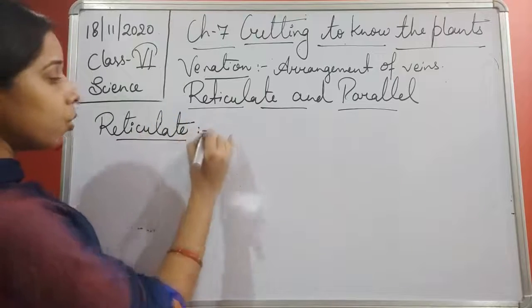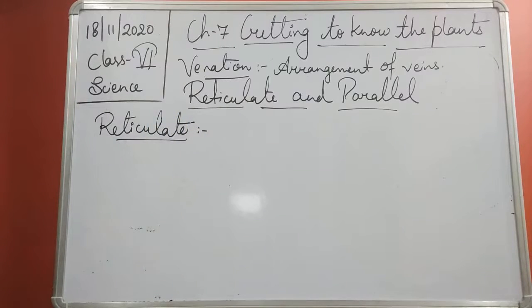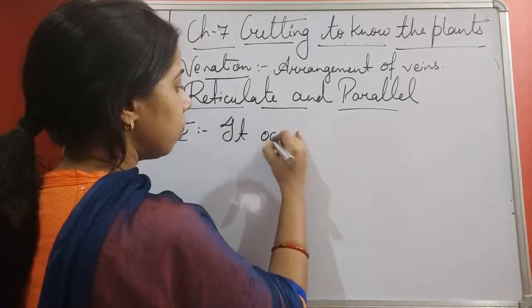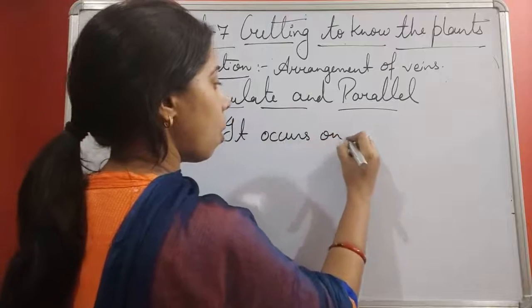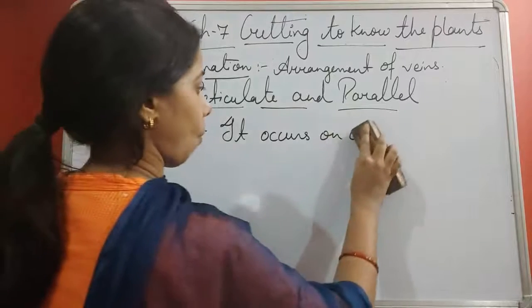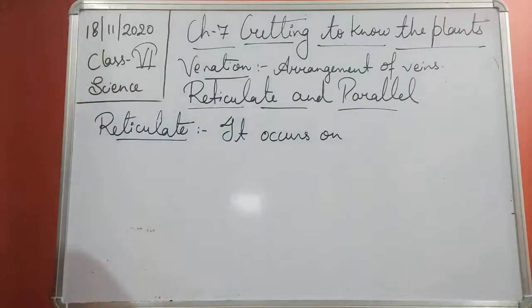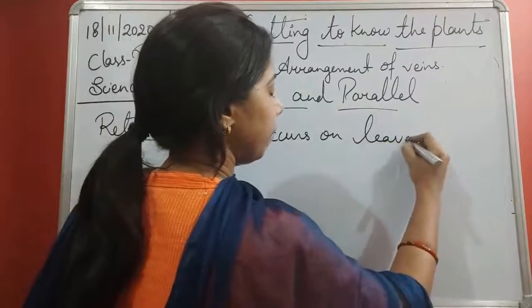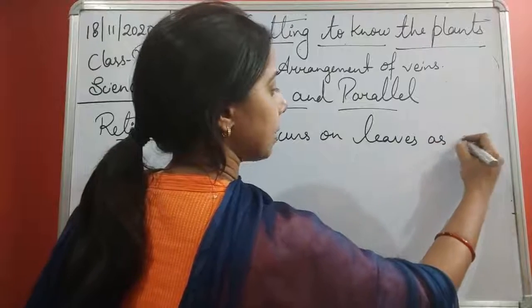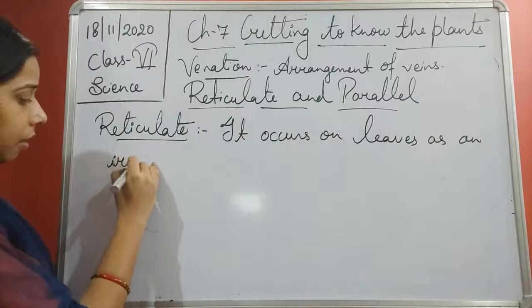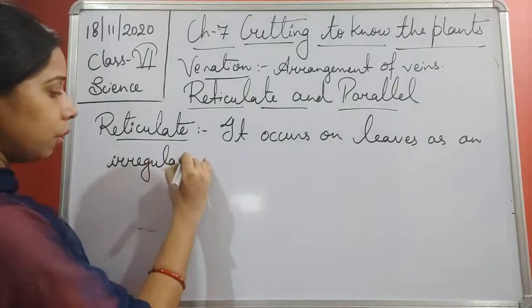Okay. So reticulate venation, the first thing we will write is that it occurs on leaves in an irregular way.